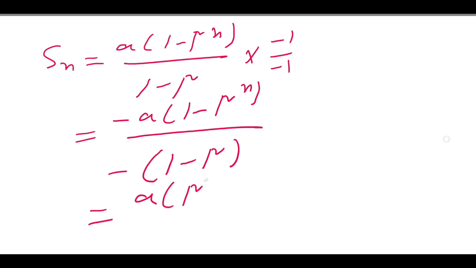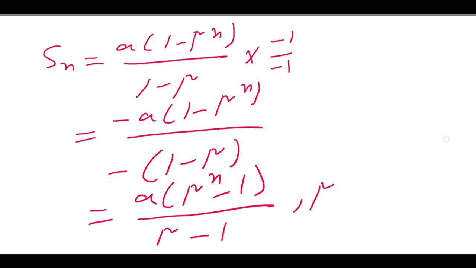So the positive R power n I write first, and then negative 1, over R minus 1. R should not be equal to 1. This formula you use when R is greater than 1. But you can use either formula, both are equal to each other.